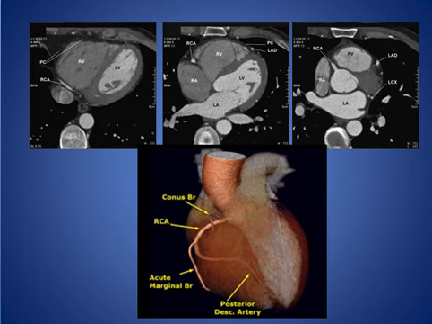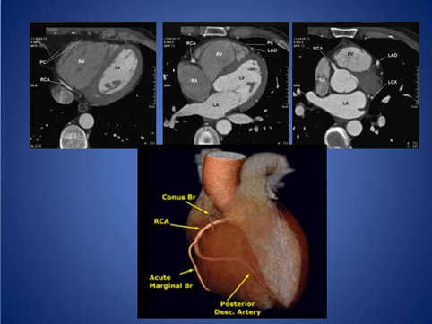The next branches are some diagonals that run anteriorly to supply the anterior wall of the right ventricle. In about 65% of cases, the posterior descending artery is a branch of the right coronary artery, and we call it right dominant circulation.